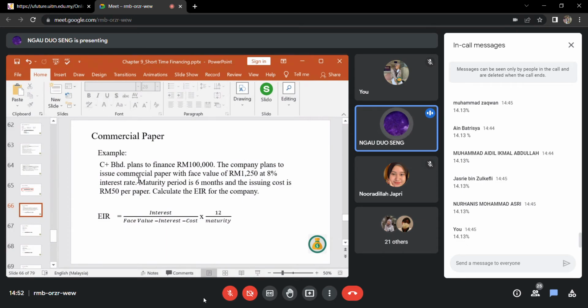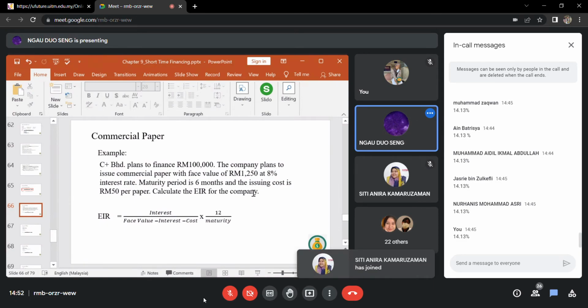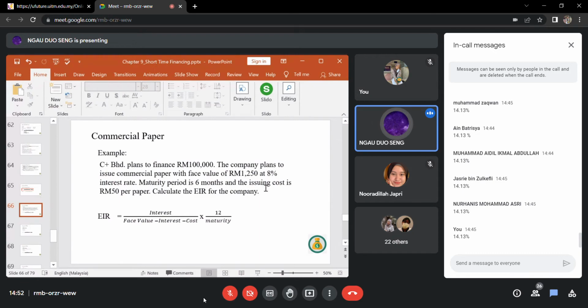So company dia nak jual commercial paper atau certificate dengan harga paper 1,250. Lepas tu dia bagi 8% interest. So maturity period adalah 6 months. And the issuing cost is 50 ringgit per paper. So dia nak jual, dia kena bayar yuran cost untuk keluar. Untuk jual satu paper adalah 50.